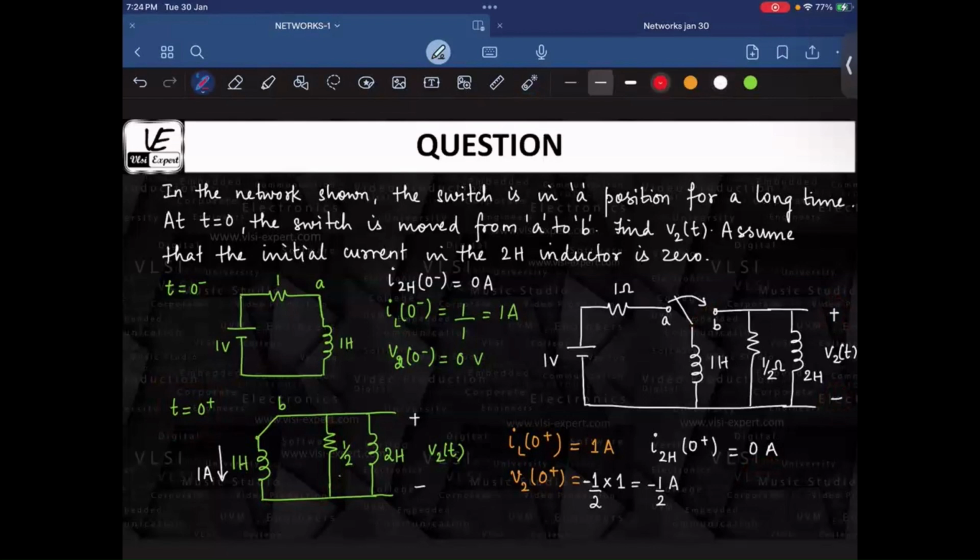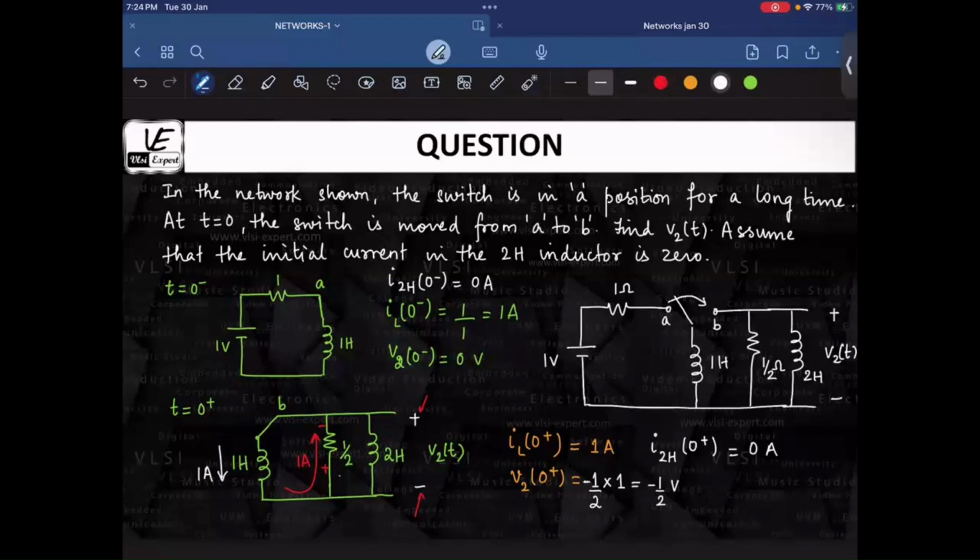The current would flow like this, so the actual polarity would be opposite to the polarity marked. Minus half volt. Oh, sorry, half ampere, not ampere, half volt.